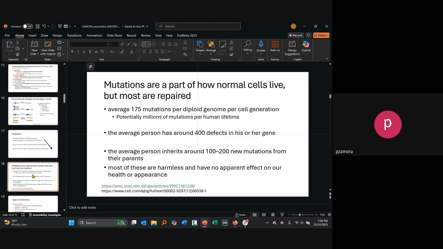Most of these mutations are harmless and have no apparent effect on our health and overall appearance. But there is an underlying mutational profile that goes on with normal cell division and cells being alive. Again, most of them are not detrimental.